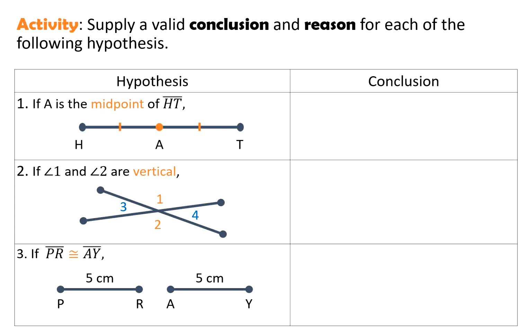Sagutan natin number 1. So, if A is the midpoint of line segment HT, so ano kaya yung pwede nating maging conclusion dito? So, based dito sa figure na to, ano yung pwede mo based sa napag-aralan natin? So, what would be your conclusion?